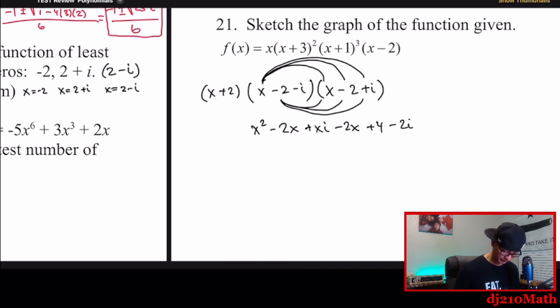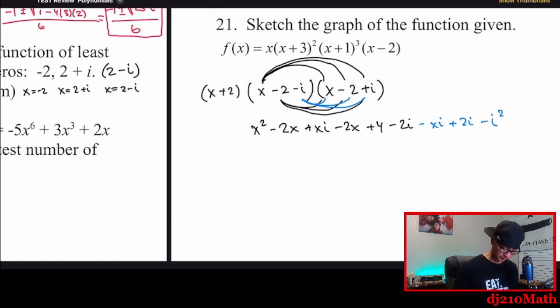And then last but not least, negative i times each of these. Negative i times x is negative xi. Negative i times negative 2 is positive 2i. And then the last one, negative i squared. I squared is just negative 1.